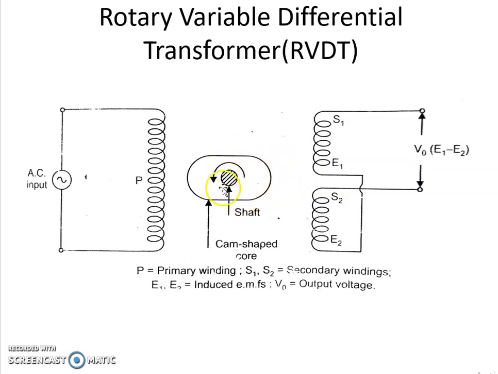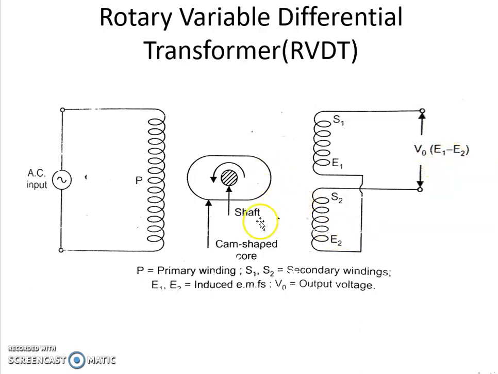When the core is at its null position, the voltages induced across the two secondary windings are equal in magnitude and opposite in direction. Therefore the net voltage V0, which is equal to E1 minus E2, will be 0.